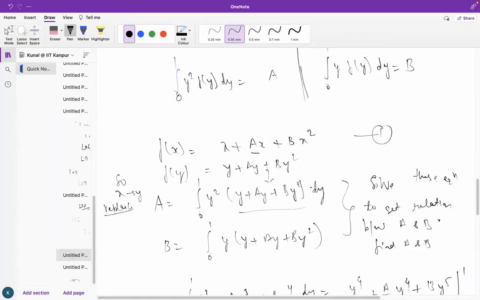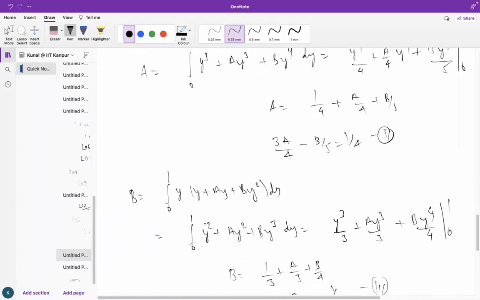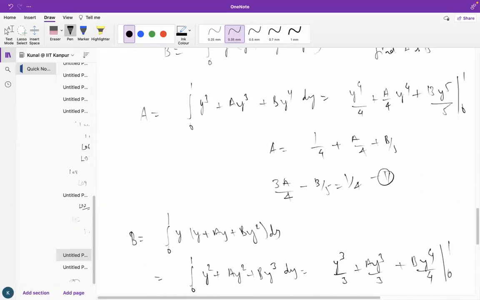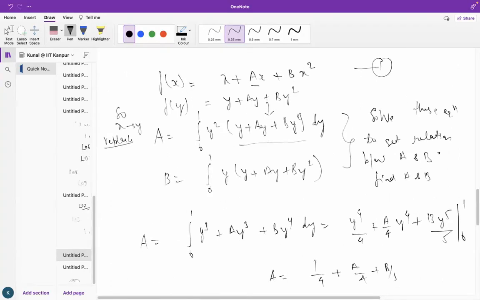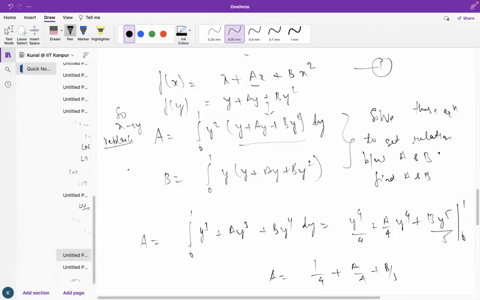And then we integrate this. On integrating, we get a relation in a and b. Similarly, when we calculate the b, we get another relation between a and b. And when we solve this and put it in equation number 1, we will get the final result. So this is our principal equation.